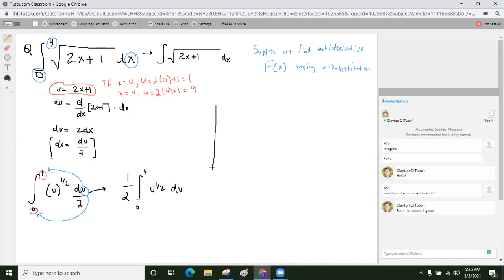But surely, I understand what you're saying to an extent, but surely geometrically, if we were finding the function 2x plus 1, I would assume it would look something like this. So if the interval was from 0 to 4, then we would have this particular area here that we need to find.